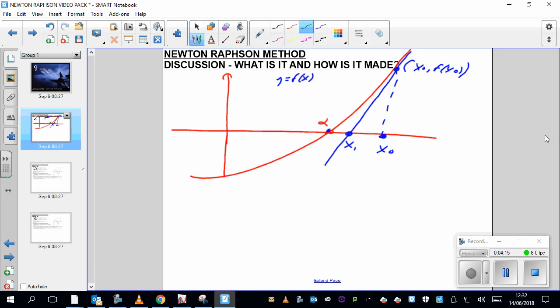So the idea is that if I find x1 and then draw a tangent at x1, can you see that tangent is closer to alpha and would generate a new value, x2. I keep doing it lots and lots of times, an infinite number of times. Eventually, my tangent will just be on top of alpha, so I just keep getting the same value again and again, because the tangent to alpha crosses the x-axis at alpha.